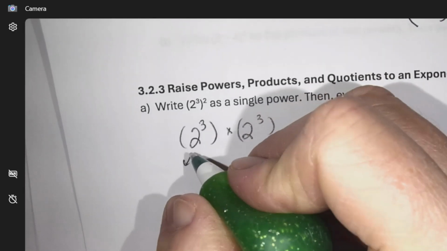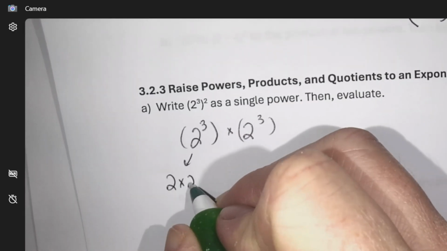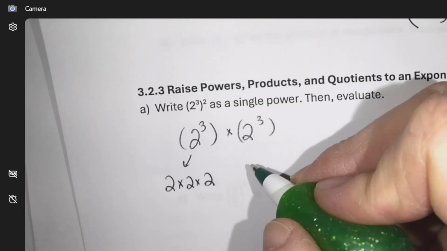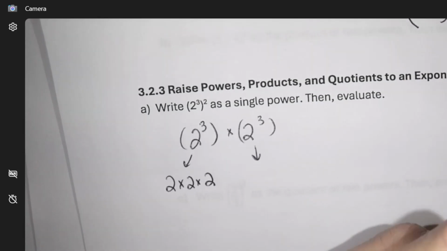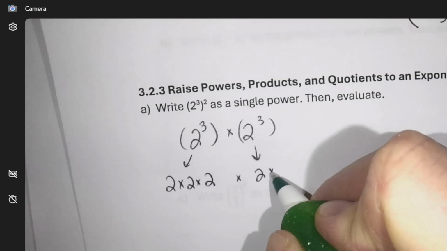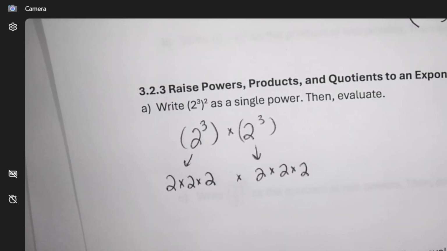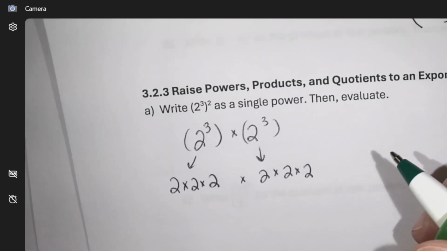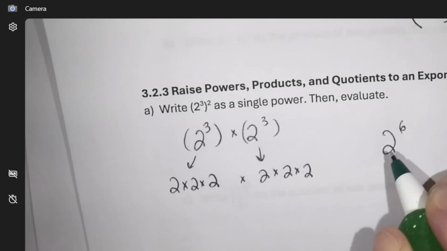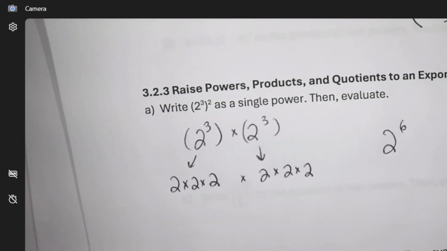So I'm going to go 2 times 2 times 2, which is 8. So at the end of this, how many times did you repeat? 6 times. That's it.